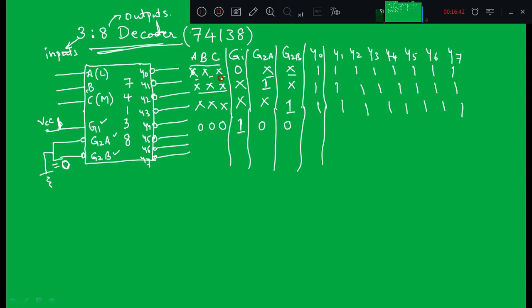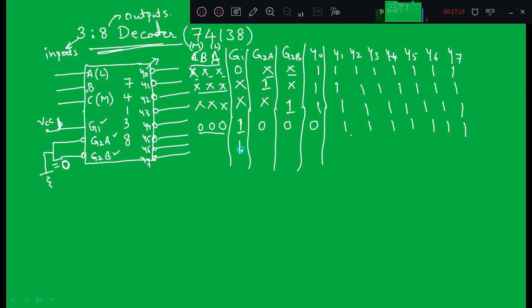If I make ABC equal to 0, so I made a mistake here. I have to write CBA, because C is MSB and A is LSB, right? So please correct that mistake. Okay, G1 is 1, G2A and G2B are both connected to ground, that means 0. Now the input is 0 0 0, that means we are going to select Y0, so Y0 will become 0 and the other outputs will become high.